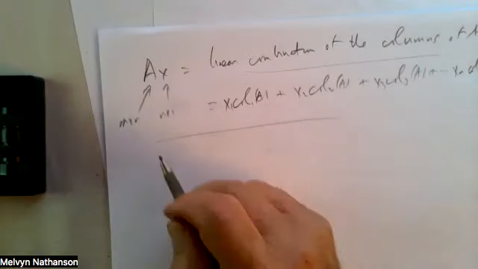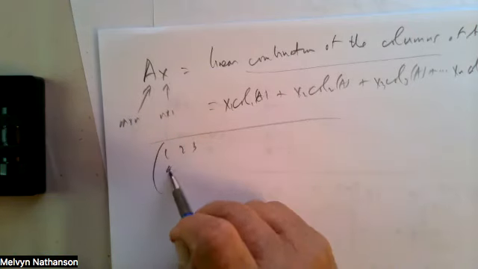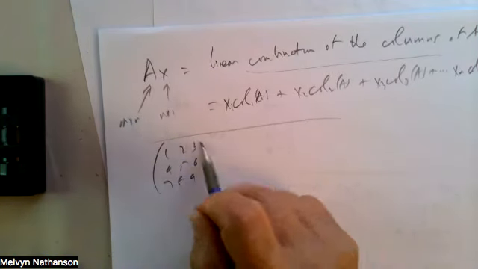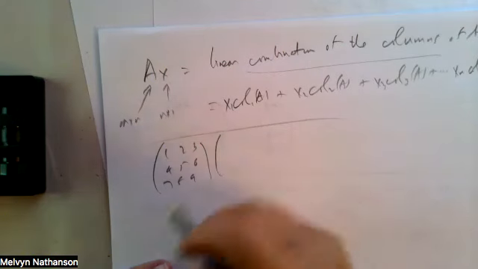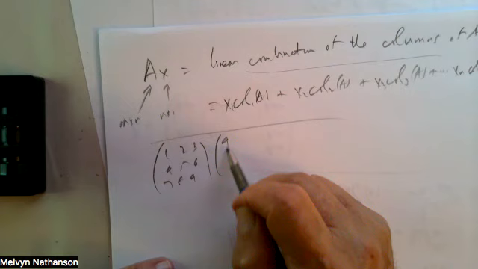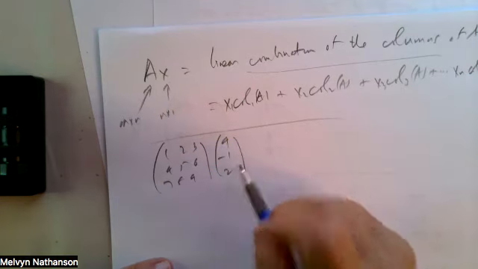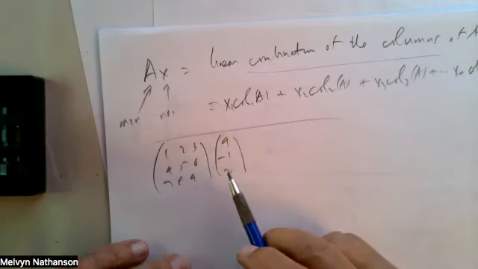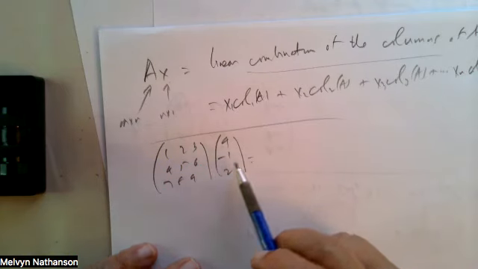So let's just look at an example. Suppose I have 1, 2, 3, 4, 5, 6, 7, 8, 9, and I multiply that by the vector, I don't know, 4, minus 1, 2. So this is going to be a linear combination of the columns.